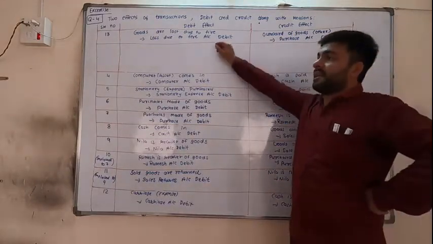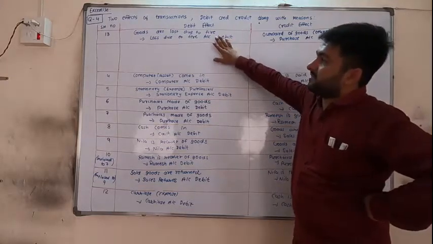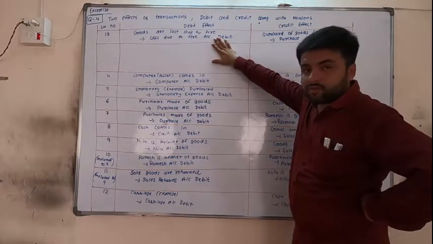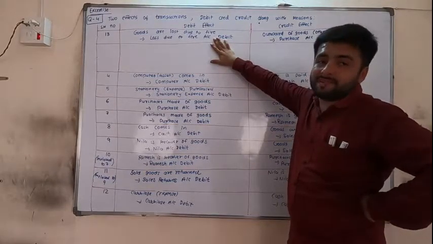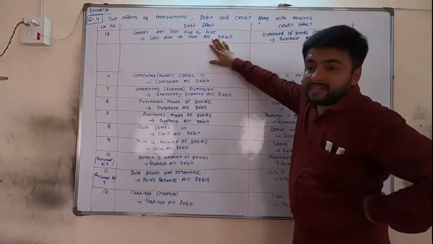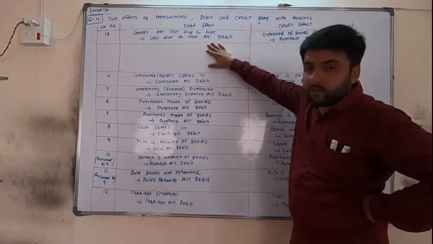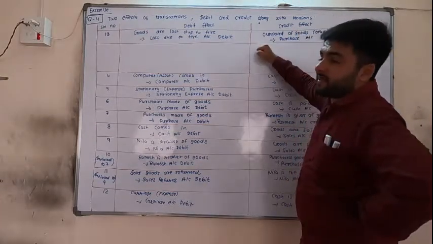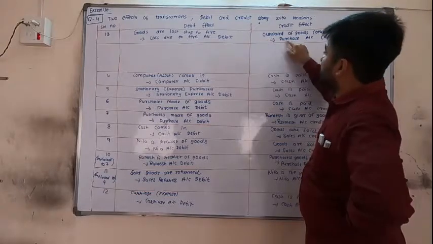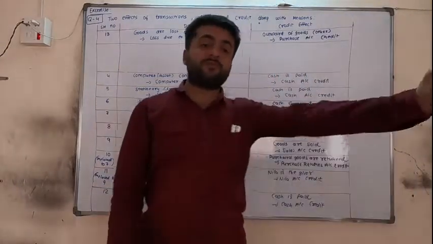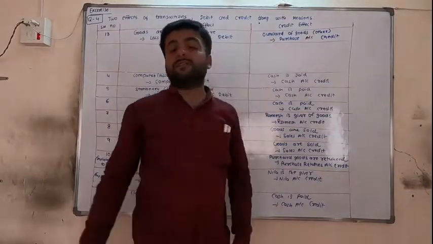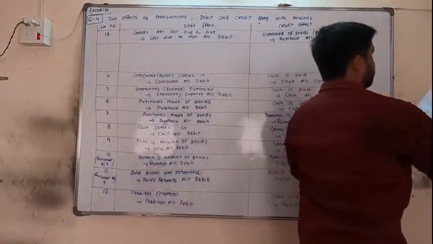Because in the types of nominal accounts they say that when the goods are lost due to fire, theft, advertisement, charity, free samples, it is a type of loss, so losses are debited. Moreover, they are telling that the other aspect is related to real account. Purchase is a real account because when we purchase goods, they are moving outward in another way. Okay, hope you understand it.